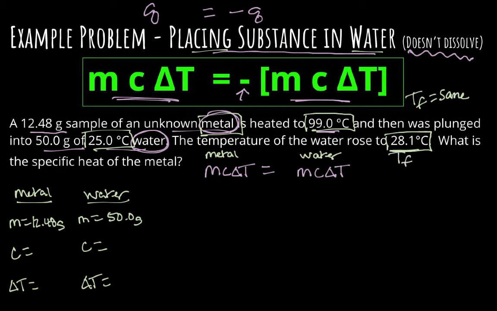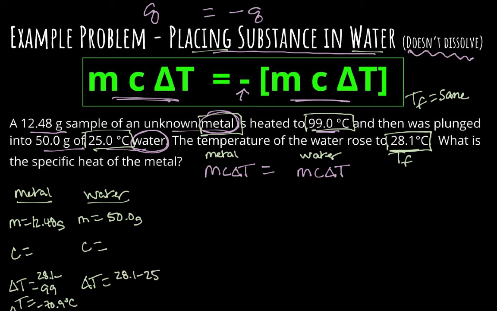So to get our delta T for the metal, we're going to do 28.1, that's our final, minus initial, which was 99. So our delta T for the metal was negative 70.9 degrees Celsius. Okay, then on the other side, for the water, final was 28.1 minus 25.